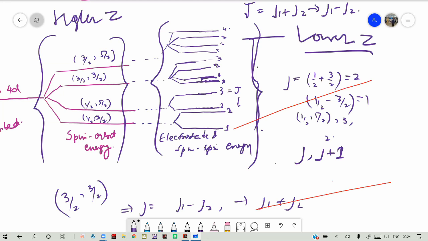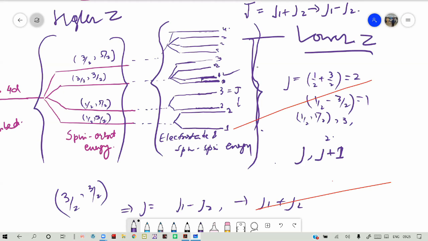So the energy level separation between j equal to 0 and j equal to 1, or between j equal to 1 and j equal to 2, is proportional to the higher j value, that is j plus 1, when you are representing the energy levels in terms of j.